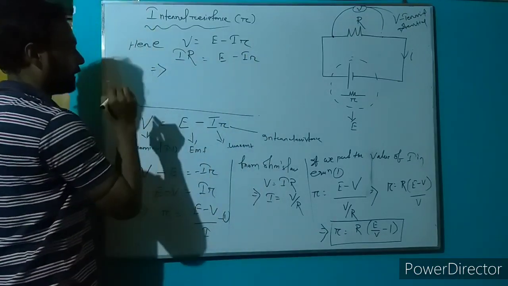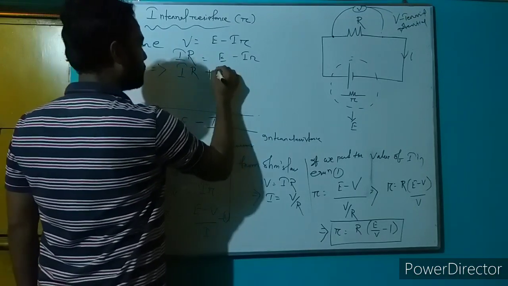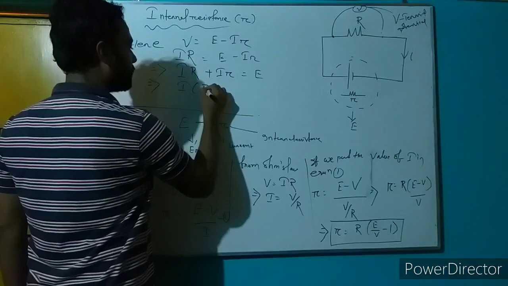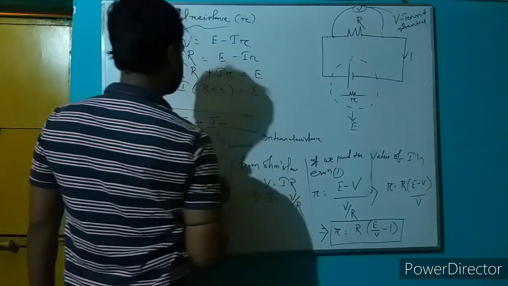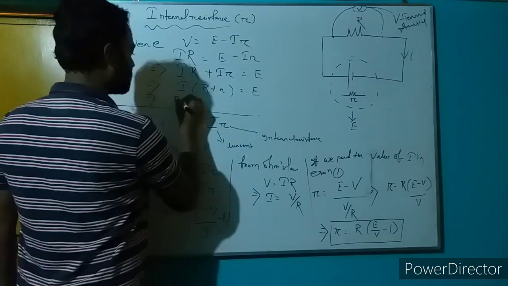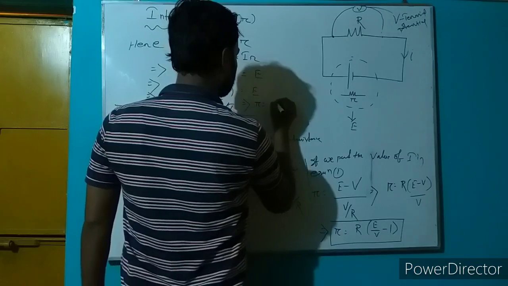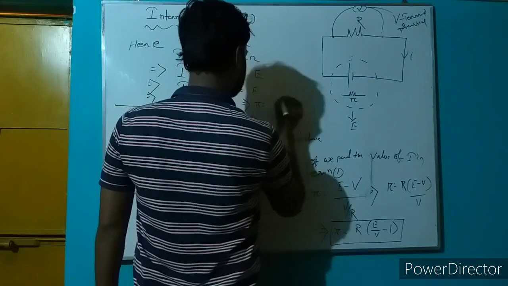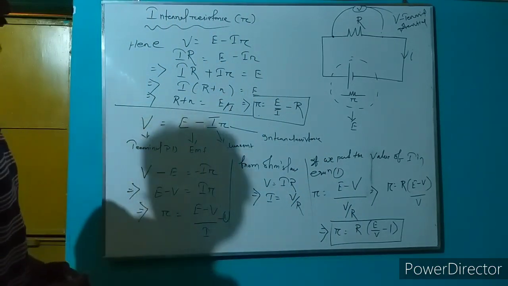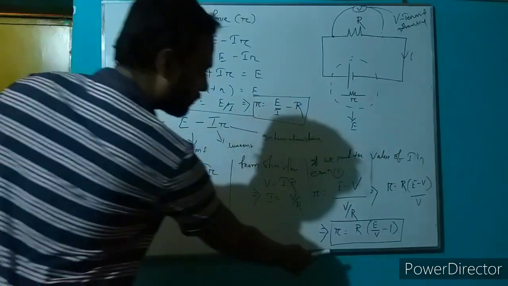That implies Ir plus IR equal to E. Taking I in common, I(r plus R) equal to E. That implies r plus R equal to E by I. That implies small r equal to E by I minus R. This is another formula for internal resistance: r equal to E by I minus R. This is the first formula and this is the second formula.